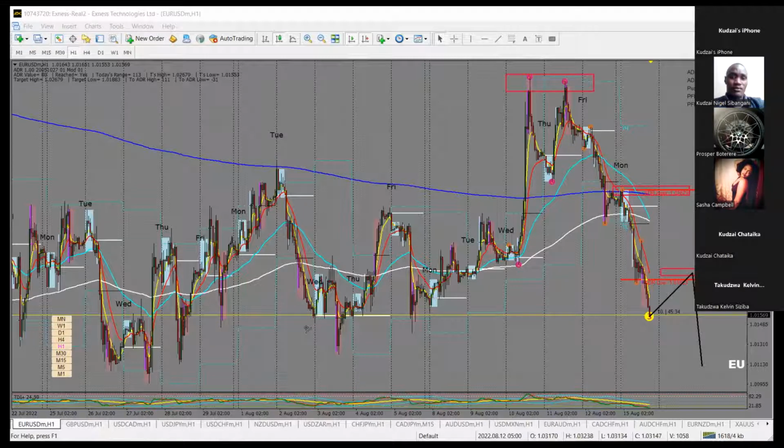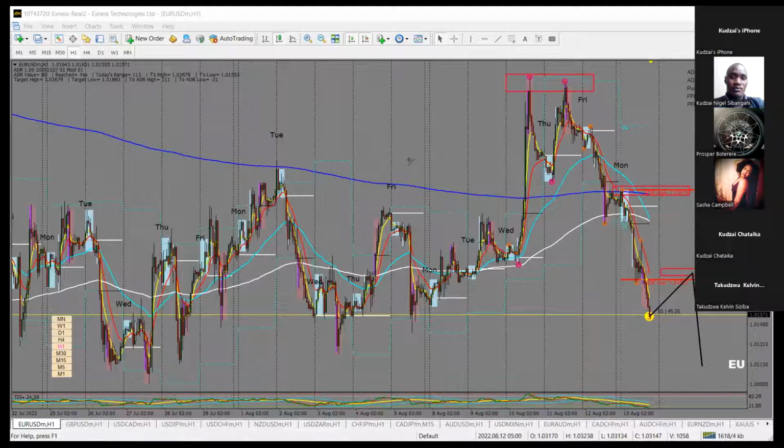From basic price action, and for those who know price action, you'd correct me if I'm wrong, if the market consolidates in the same area, there is a tendency whereby it breaks out in the wrong direction and then goes in the correct direction. I don't know if this is correct or wrong, but that's as far as I know in terms of price action. And this is exactly what happened.